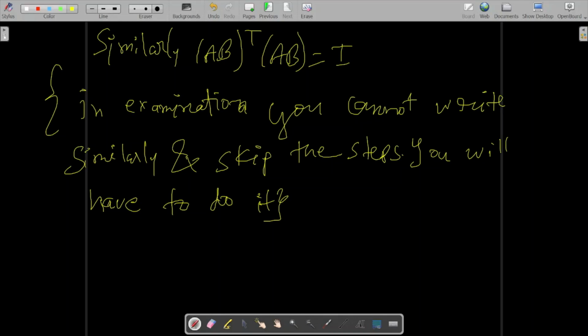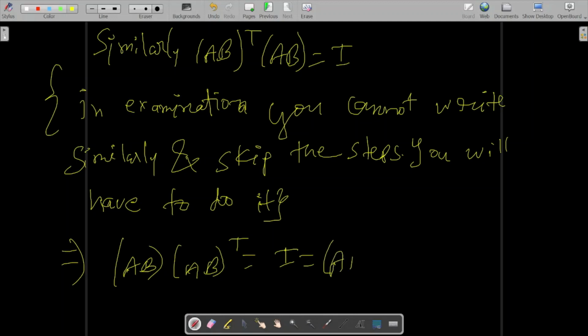So that implies, in a similar fashion we have shown, right? So that implies that AB transpose is equal to I is equal to AB transpose AB. Okay, so what does this imply? This implies that AB is an orthogonal matrix.